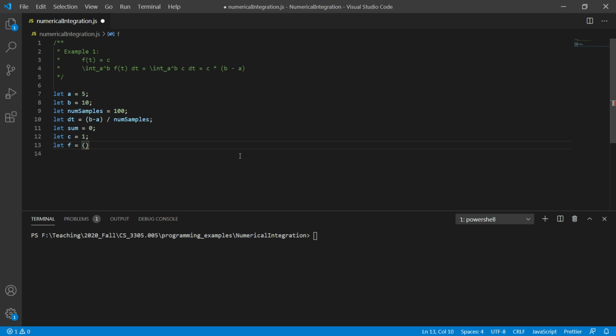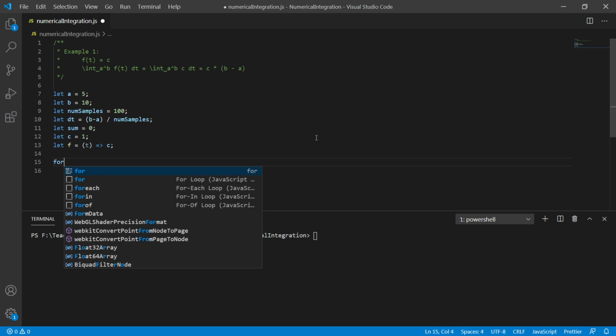And then we create our function f of t, and it's just a constant, right? So this is exactly what we specified. Some function which takes t as a parameter returns the constant value c. So this looks pretty similar to the one that we specified.